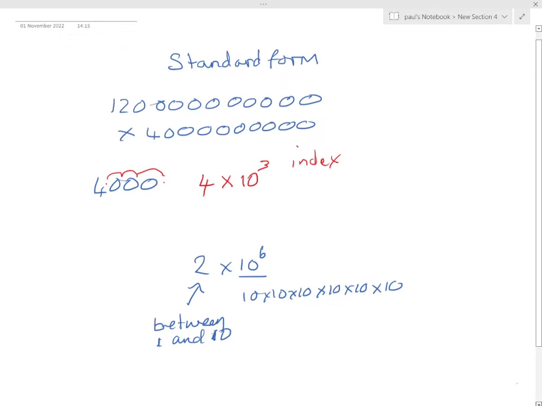Let's see whether we can get a mark on the screen there. You can't see that, but I can see that. So let's have a look at 300. The first number is between 1 and 10, which is 3. So go after the 3 and loop once, twice. So that's times 10 to the 2.